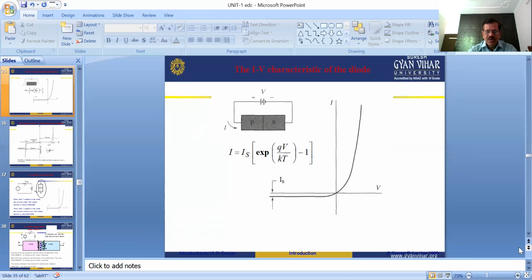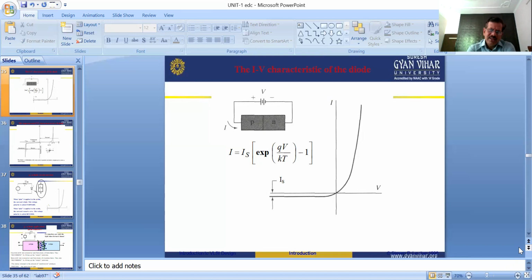This process is called forward biasing. Reverse biasing is the opposite. If the positive terminal of the PN diode is connected to the negative terminal of the battery, and the negative terminal of the diode is connected to the positive terminal of the battery, that is the reverse biasing process.